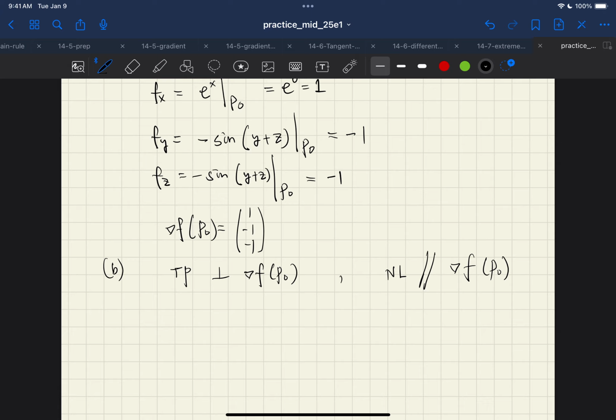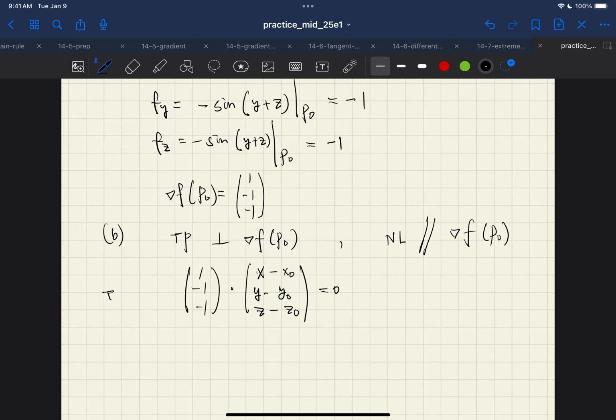If we want to characterize something orthogonal to something, then its inner product is 0. So we have (1, -1, -1), which is the gradient of f, dotted with (x minus x0, y minus y0, z minus z0) equals 0.